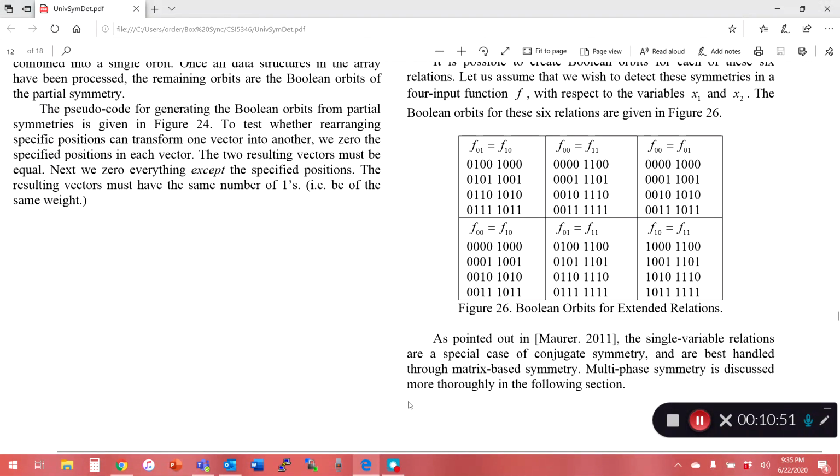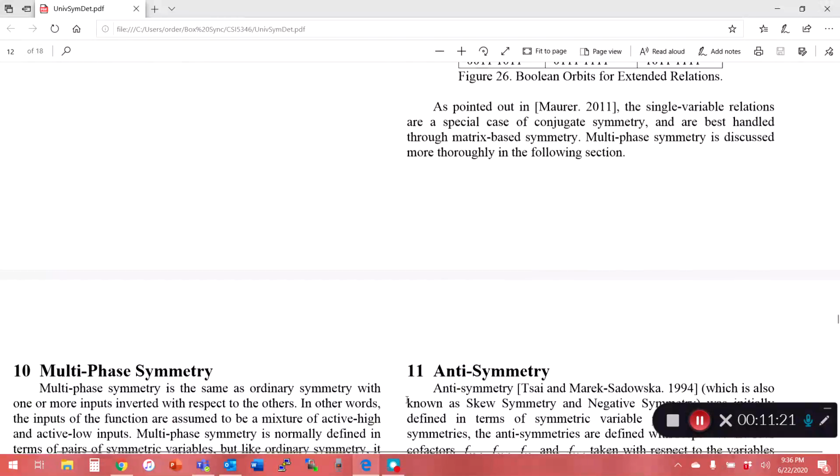So if you want to use the universal symmetry detection algorithm just to detect symmetric variable pairs, it can be used for that as well by using the Boolean orbits illustrated in figure 26. This, of course, is for functions of 4 inputs; for functions of 5 or 6 inputs, it's just a natural extension of what you're seeing here.